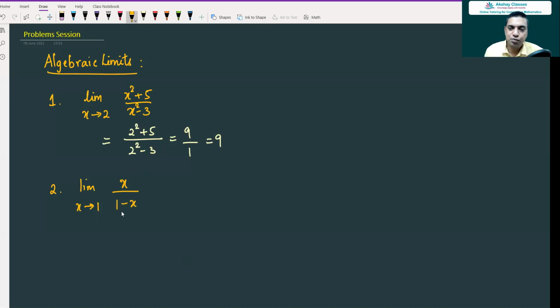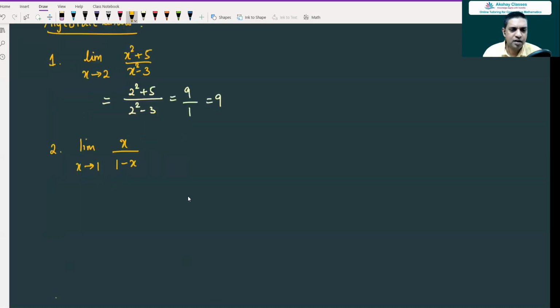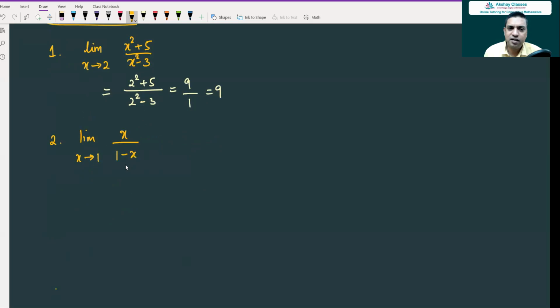Now as x tends to 1, the numerator goes to 1 and the denominator goes to 0. What is the value of the limit? Anybody can say in the chat: what is the left hand limit value?